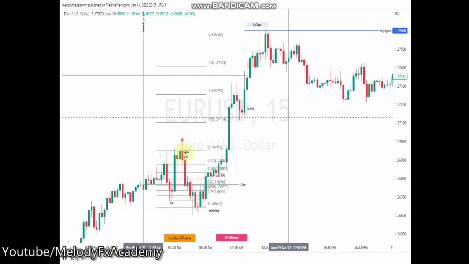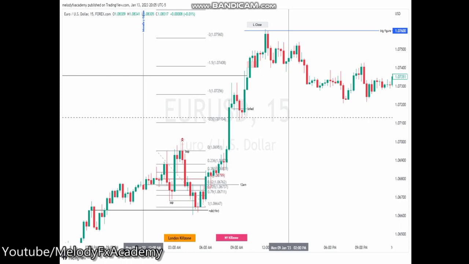So that is how you project your TP. You just look at that price leg that took out liquidity and project it up using your fib from the low, using the bodies of the candle from the low to the high. That will be 2 standard deviation above an old high. If it goes above an old high, you should expect price to at least trade up between 10 to 40 pips.